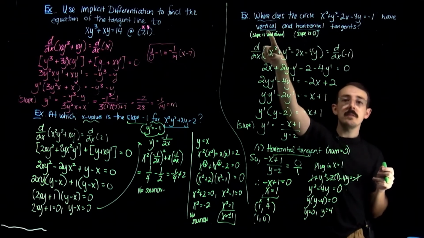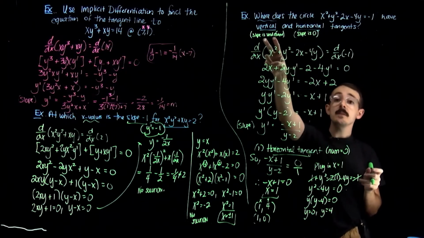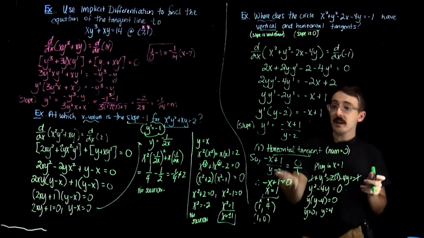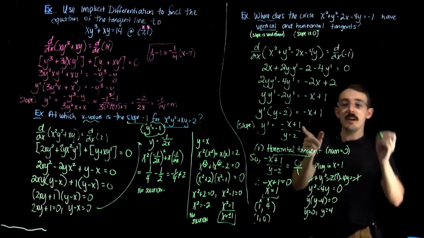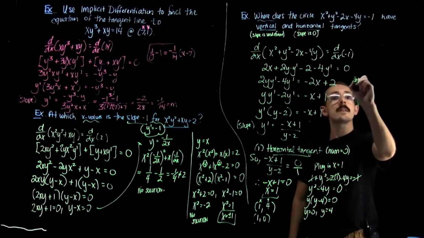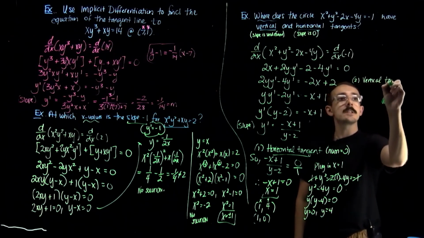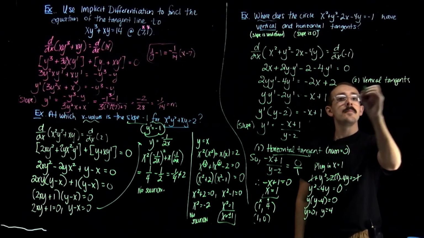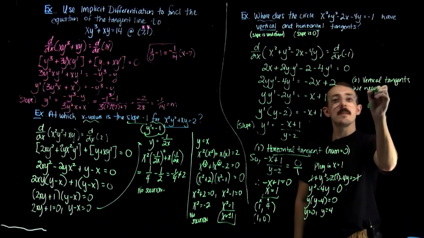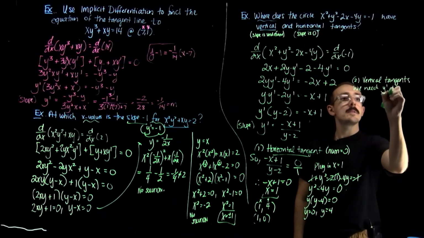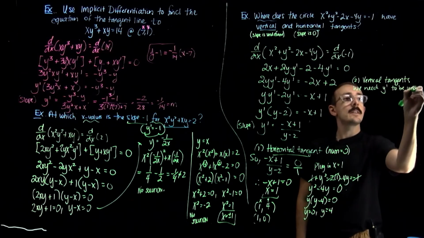Now we want the vertical tangent lines. And this is where the slope is undefined. So how am I going to make this slope undefined? So let's start doing that here. So this is the vertical tangents. We need y prime to be undefined.